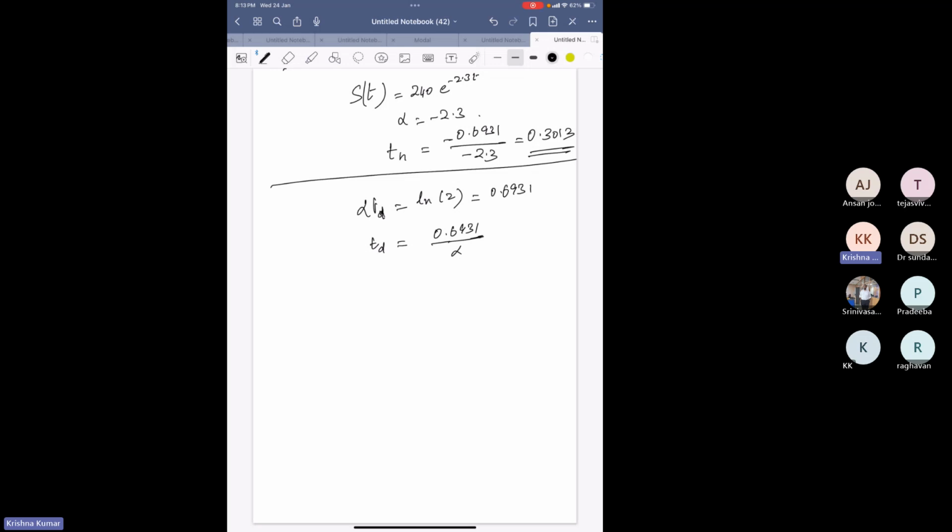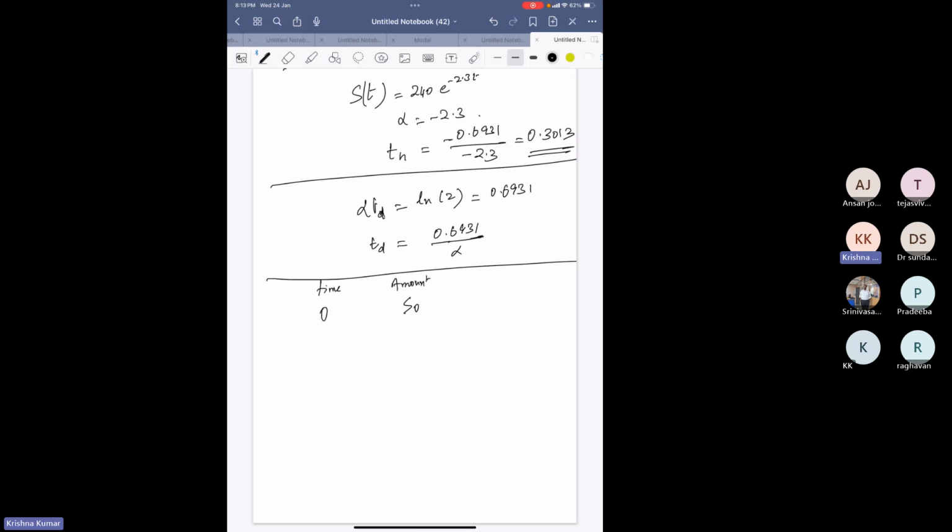So now, let's put a very interesting case. Let's say that the initial amount is m0. So at time t equals 0, the amount left in the body is, say, S0.